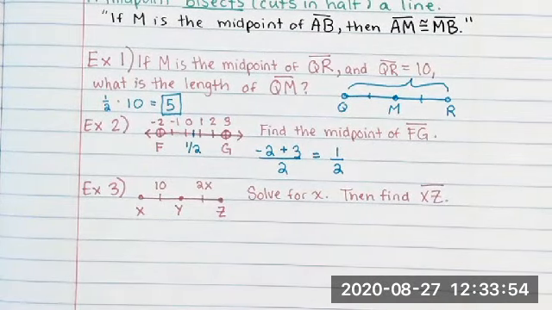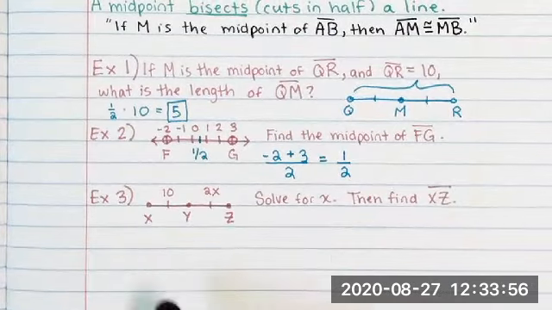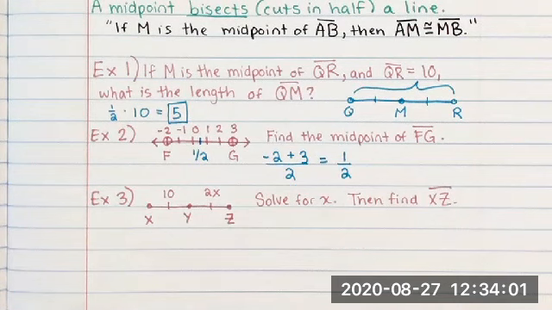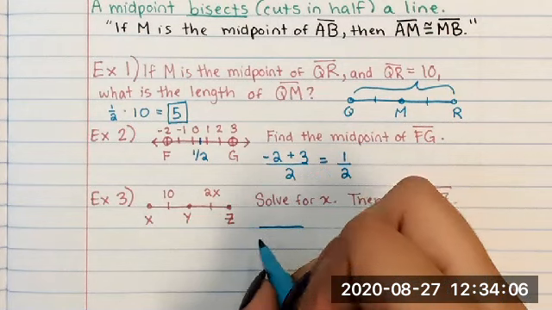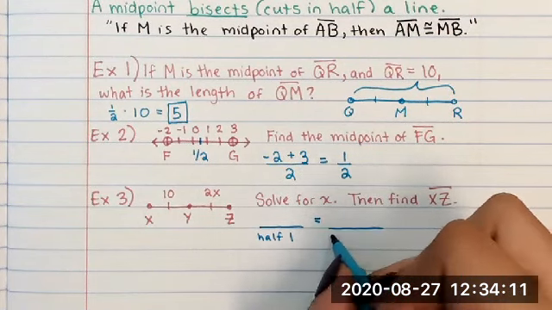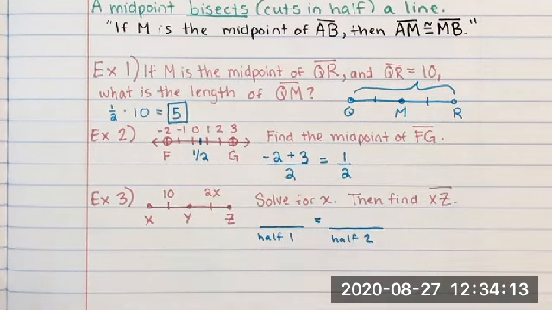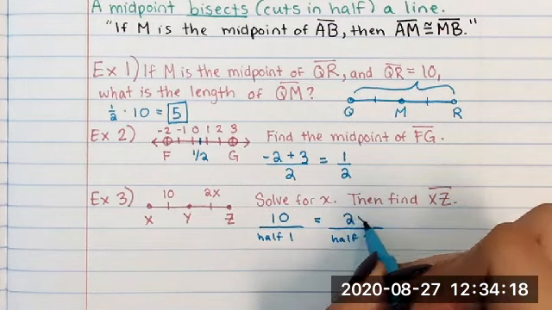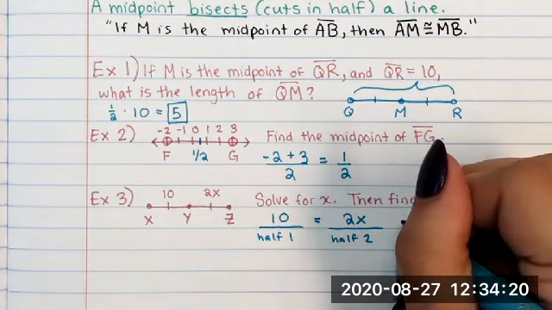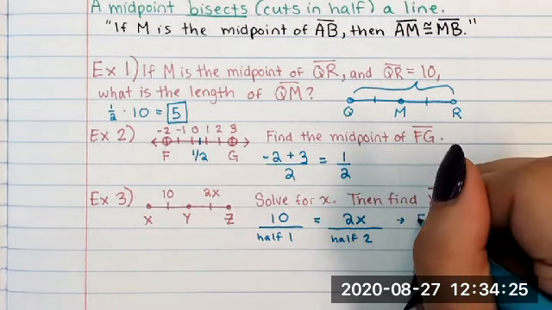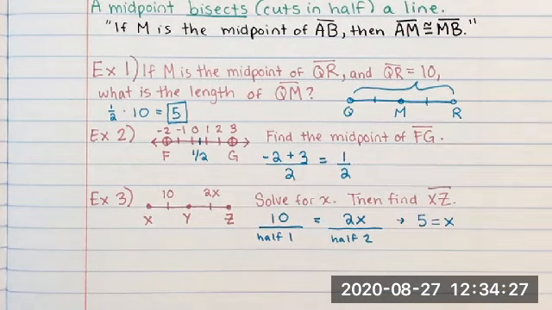So based on our definition of a midpoint, I know that these two pieces are equal. And so I can set them up exactly that way. Half 1 equals half 2. As simple as that. So I can put 10 here and 2x here. And to solve that, I just have to divide both sides by 2, and we get that x is equal to 5.